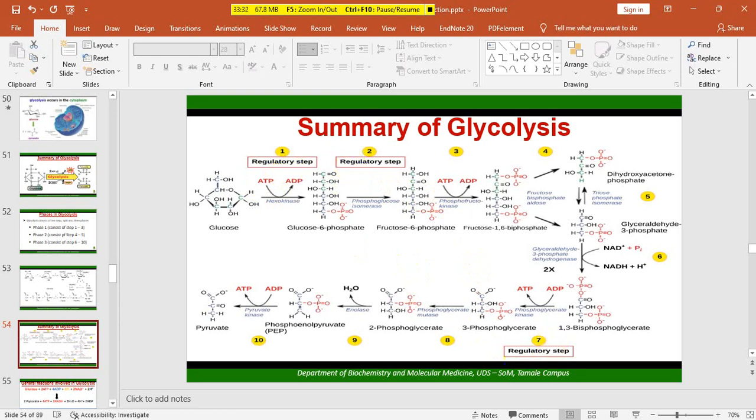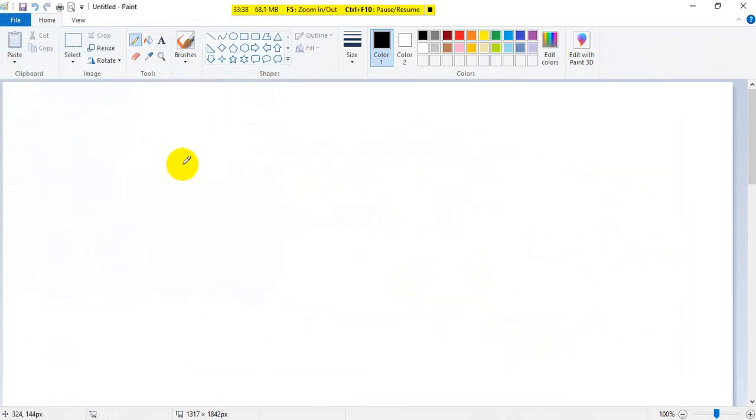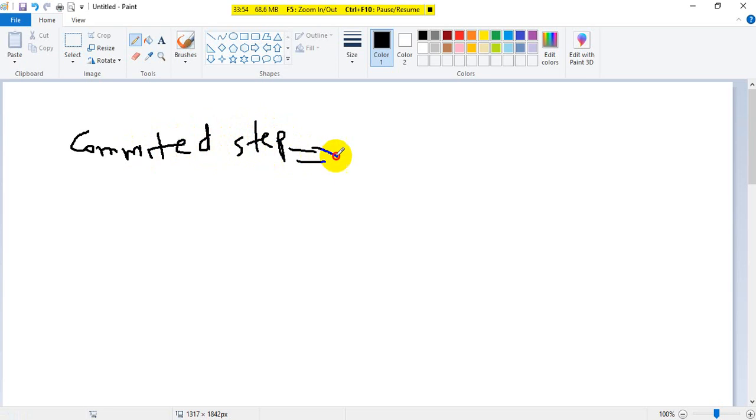When I say a committed step of a pathway or of an enzyme-catalyzed reaction, it is a step in which, when that step is able to go through, there will be a formation of what?